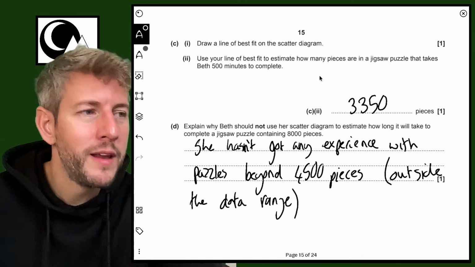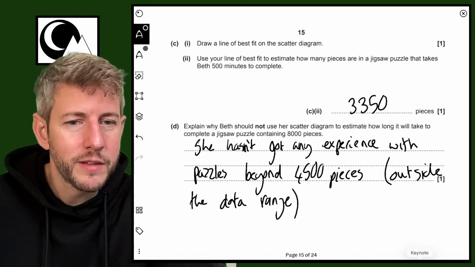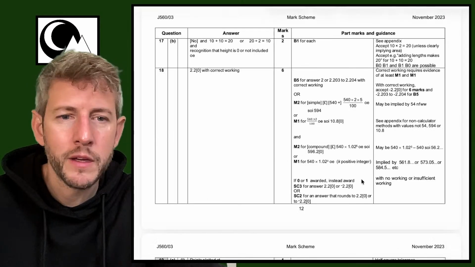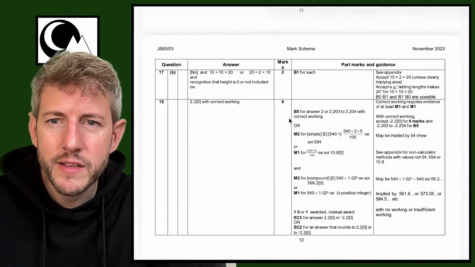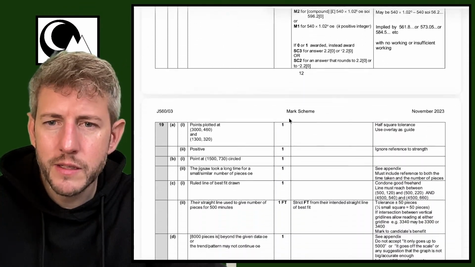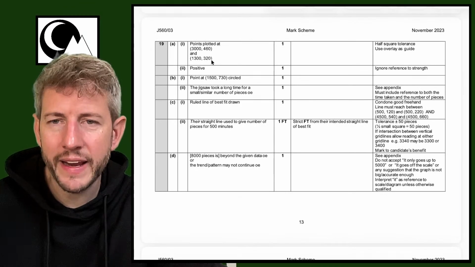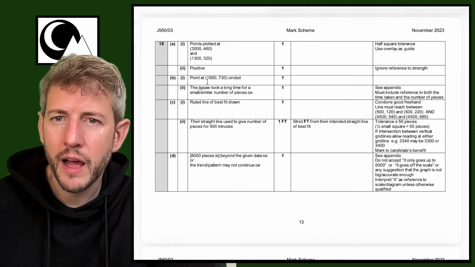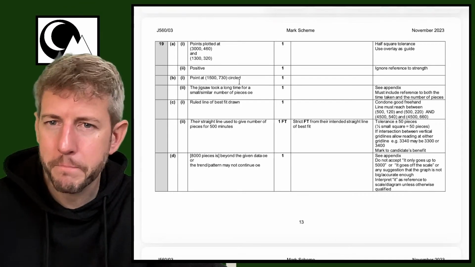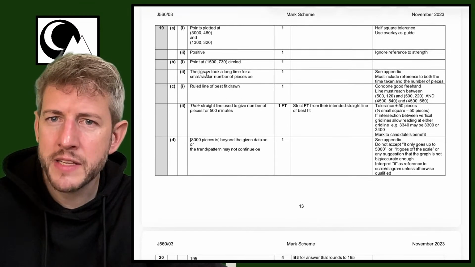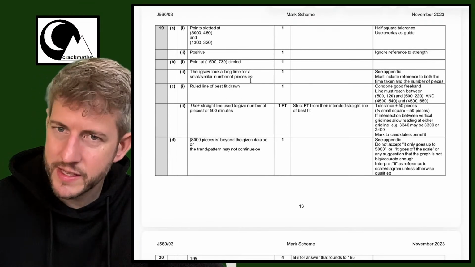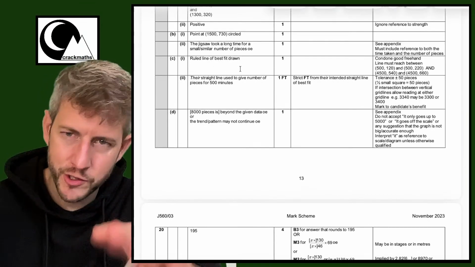Okay, great. Right, let's mark this scatter graph question. So what we have is points plotted correctly, positive correlation. We've circled the outlier, and the jigsaw took a long time for a smaller number of pieces. Yep. Line of best fit drawn.